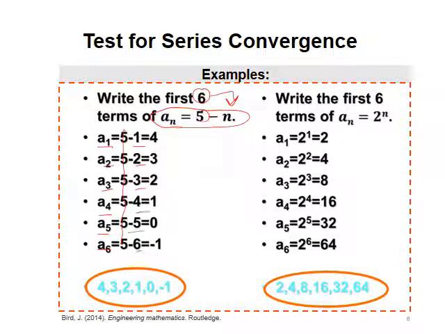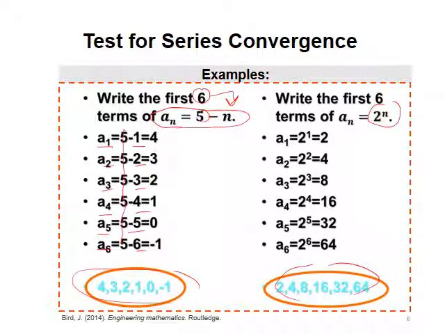Do the math, use the calculator, and you get the items. Another formula here is 2 to the power n, also from 1 to 6. So 2 to the power 1, 2 to the power 2, 3, 4, 5, 6. I do the math and I get the series.